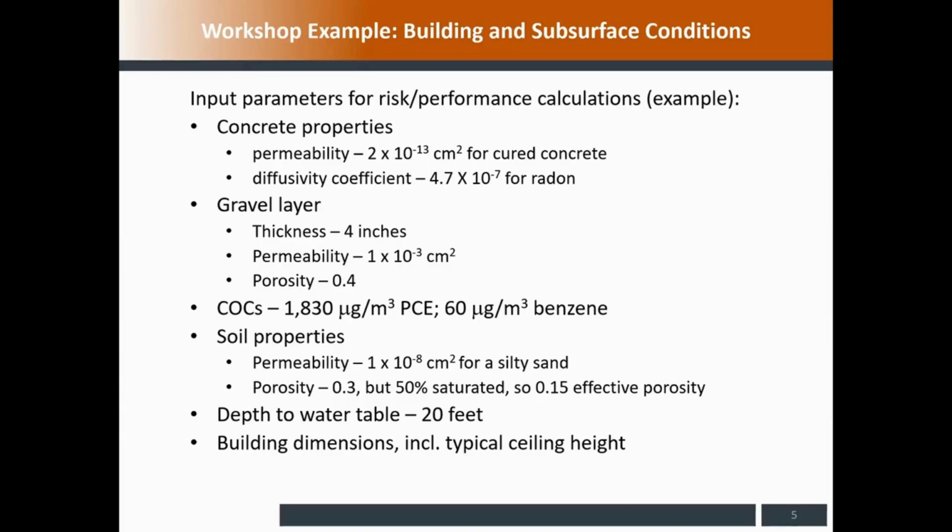You may have other, for example, specialty concretes, different permeability. So things to keep in mind. These are just examples. Gravel layer, we've assumed a certain thickness, a certain permeability, a certain porosity. Permeability and porosity probably hold true most of the time, but you might have a 6-inch gravel layer or a 12-inch gravel layer. So again, these are just examples for the calculations that Andy's going to go into in more detail.